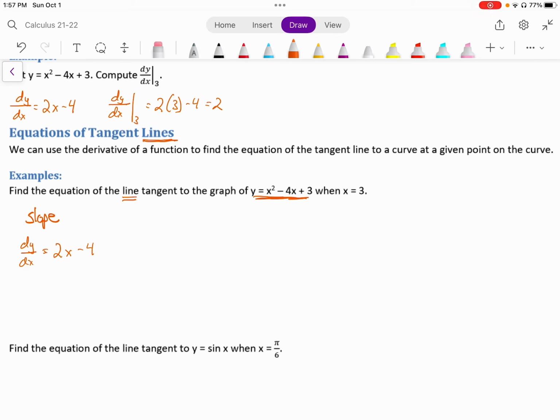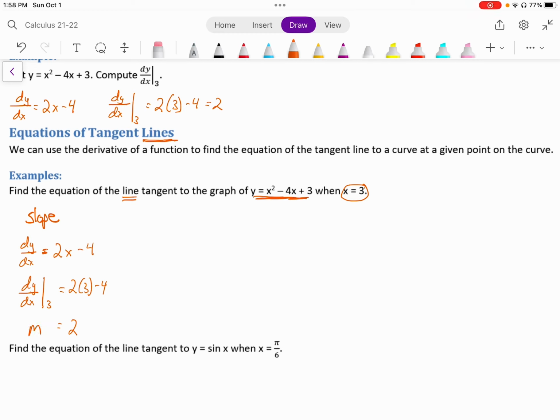Well, that's the derivative at any point on the curve, but we specifically want when x equals 3. So we, again, just like the example above, we already did this when x equals 3. Plug in 3. 2 times 3 minus 4 is 2. So the slope of the tangent line is 2.